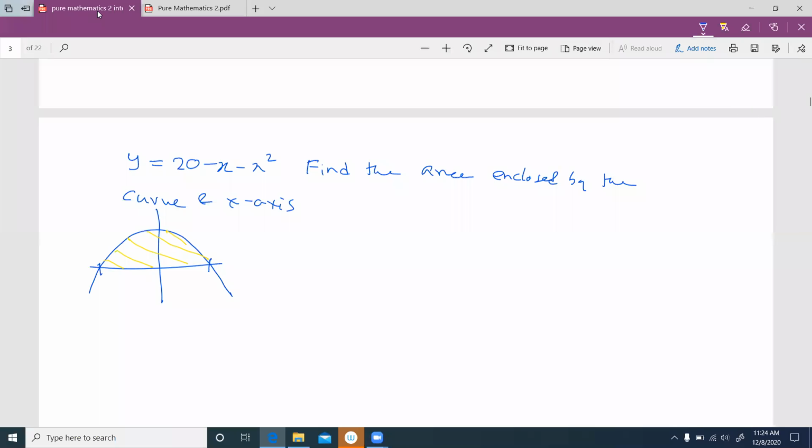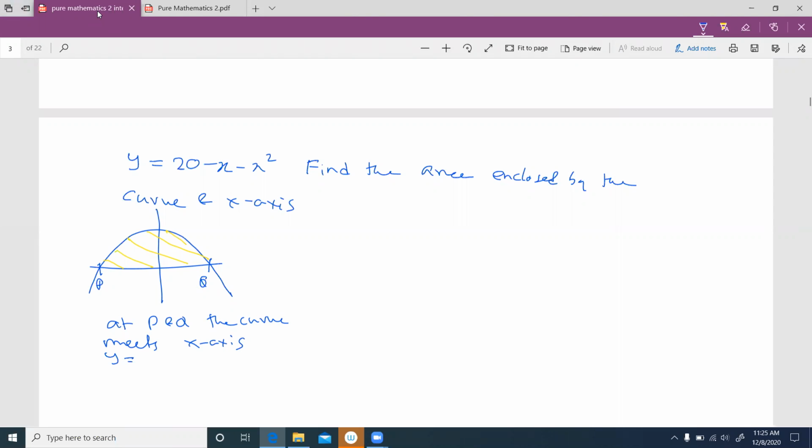Then we need to find these coordinates. But how to find these coordinates? So I just label these as P and Q. At P and Q, the curve meets the x-axis. If any curve meets the x-axis, what can you say?